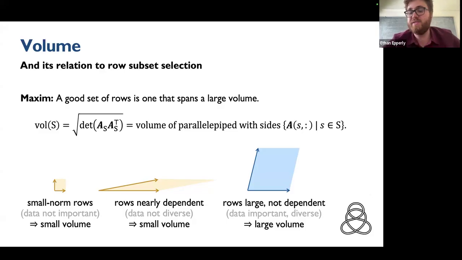And in this case, they're going to span a large volume. The large volume indicates that each data point is individually important, and the data points are diverse in the sense that the angles between them are sufficiently large. So hopefully these three pictures indicate why picking large volume submatrices is a good idea for solving the row subset selection problem.